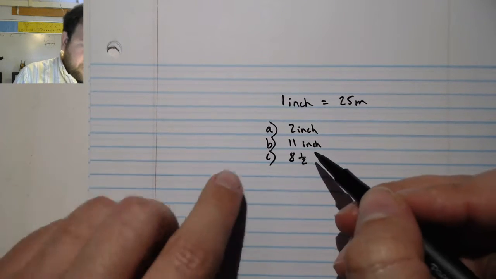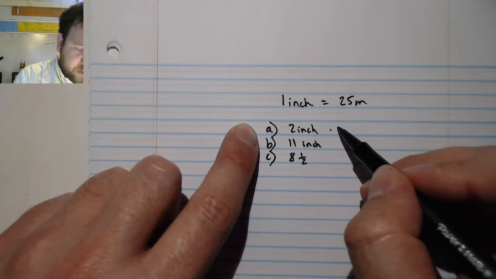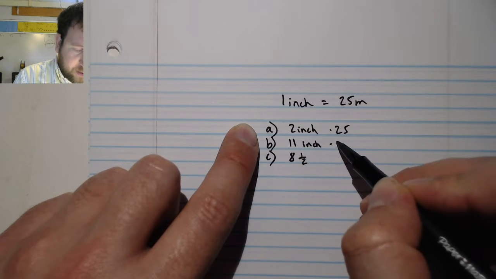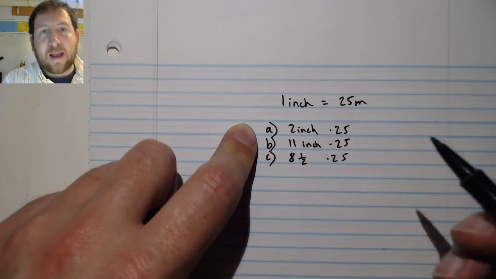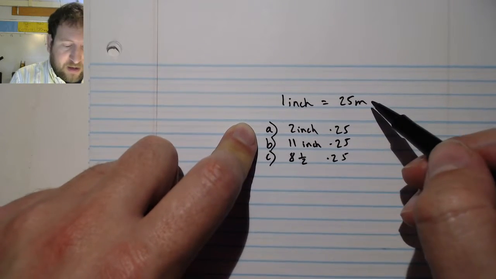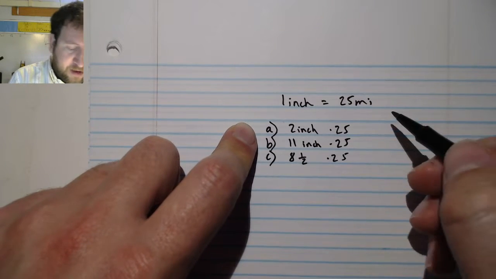Okay? So our first one, we have 2 inches to 25. All we're going to do is multiply these all 3 by 25 to get to our final answer. We just need to make sure that we write the units correctly. Now, I think I said that as mile, and I meant to write it as miles.